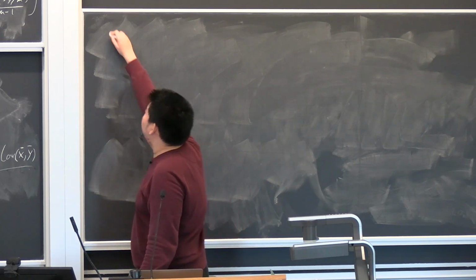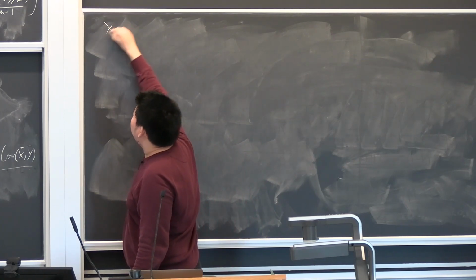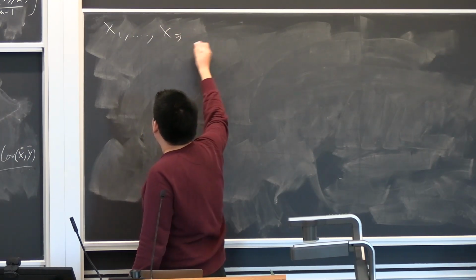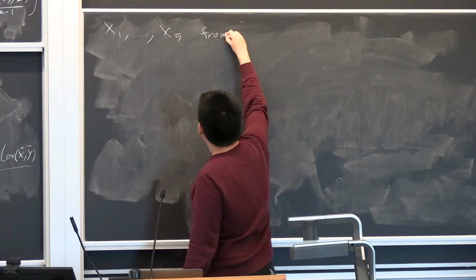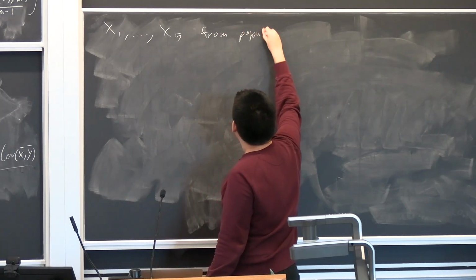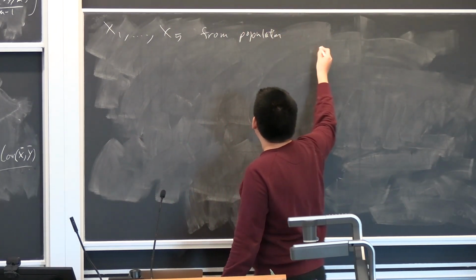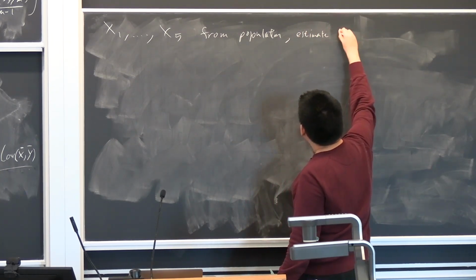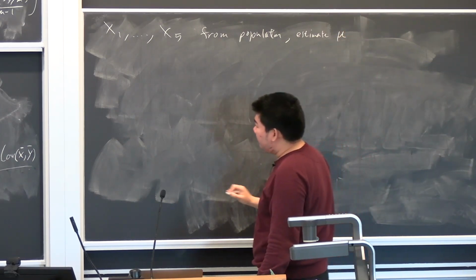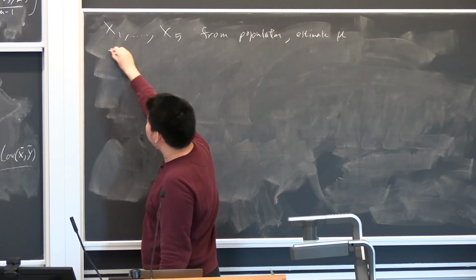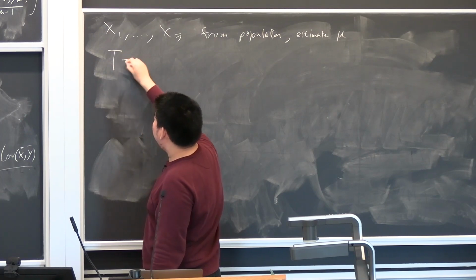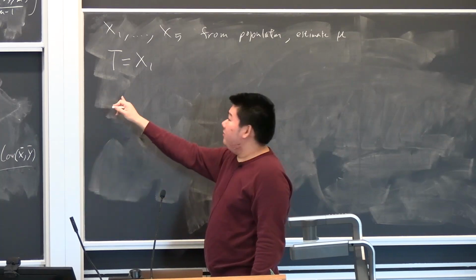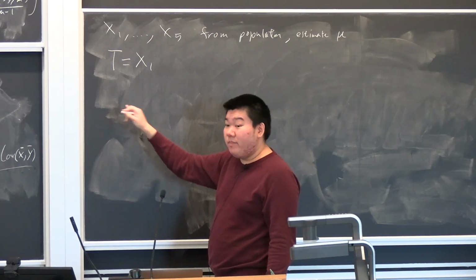You had your population, you sample x1 to x5 from some population, and we want to estimate the mean. I claimed that T equals x1 was an estimator, and more than that, an unbiased estimator.